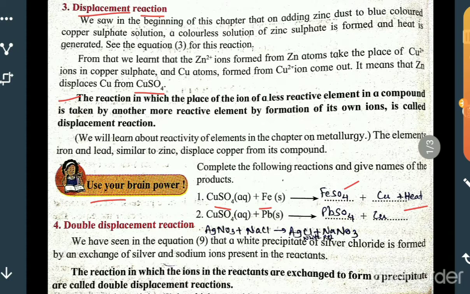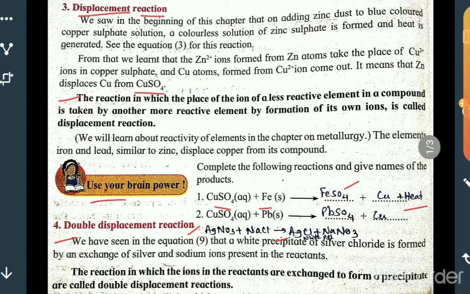Now, the fourth type of reaction is double displacement reaction. We have seen it in equation 9. What is that ninth equation? I have written here: AgNO3, silver nitrate, plus NaCl, sodium chloride, gives AgCl plus NaNO3, sodium nitrate.